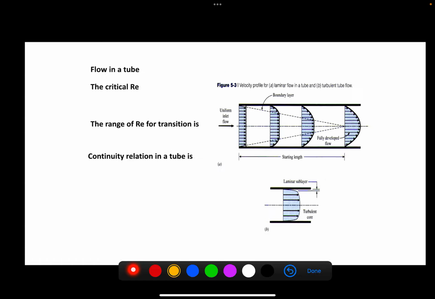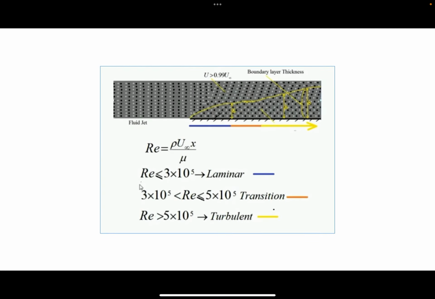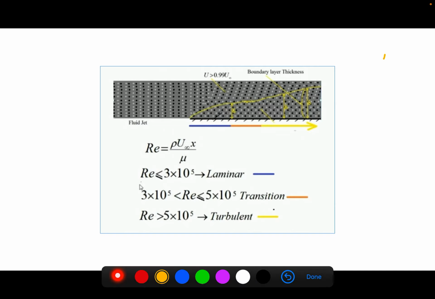Reynolds number is nothing but the ratio of inertial force to viscous force.